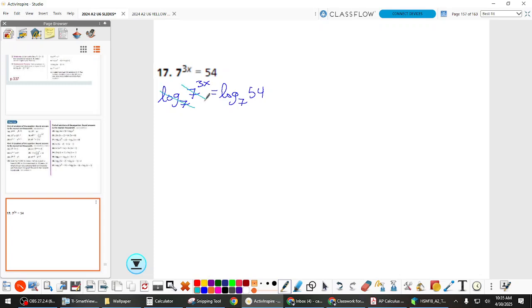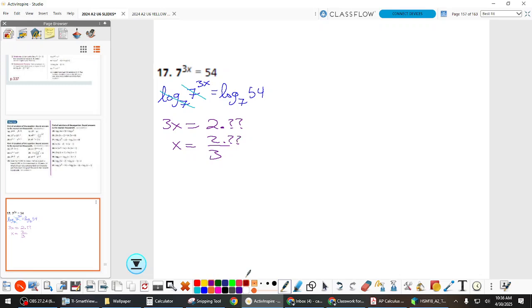So those cancel, and then we just get 3x equals some number. Log base 7 of 54 is like 2 point something. And then just divide by 3. Okay? Is that helpful enough? Yeah.